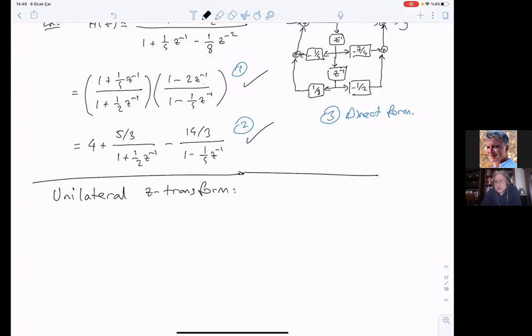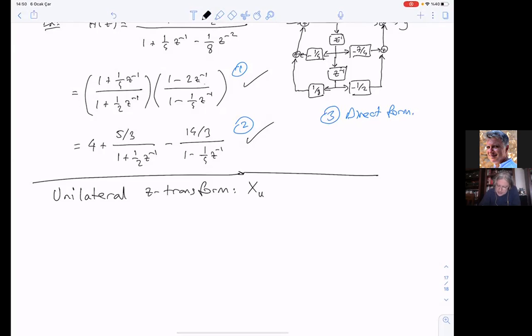The normal bilateral, two-sided Z-transform has the summation from minus infinity to plus infinity, like the integration of the Laplace transform from minus infinity to infinity. There is a unilateral one which starts from 0 and goes to infinity. So it's only one-sided, which is why it's called unilateral, single-sided.